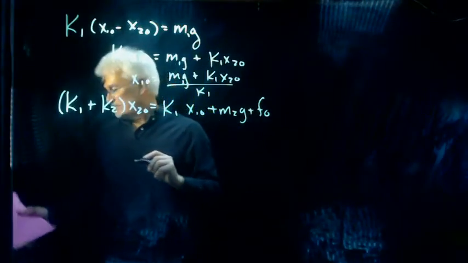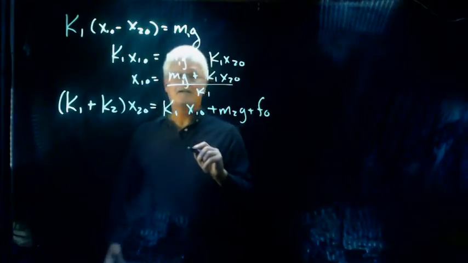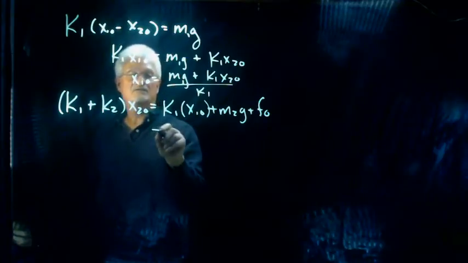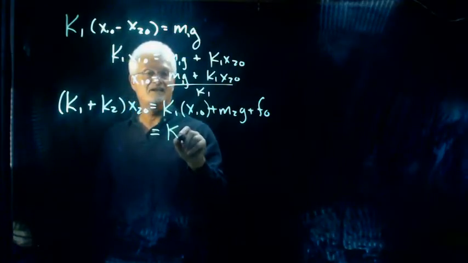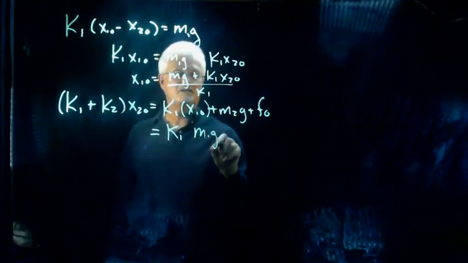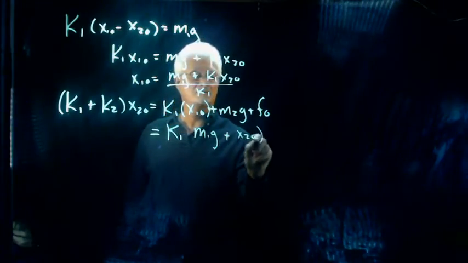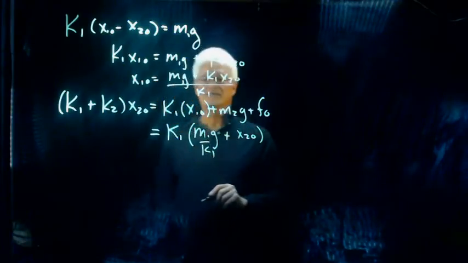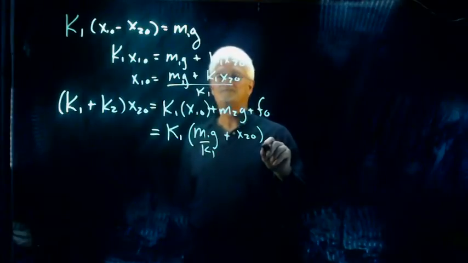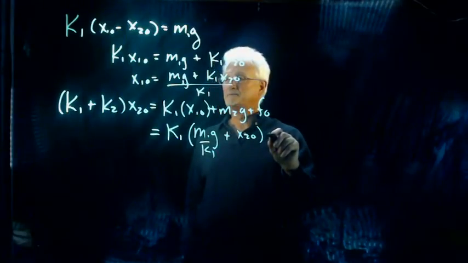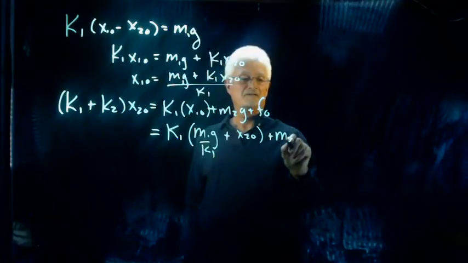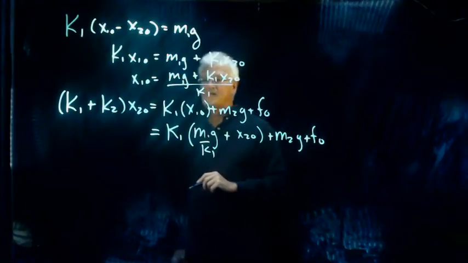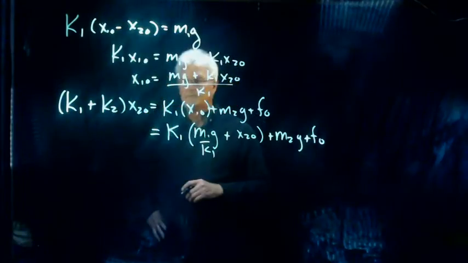So those are the ones that I wanted to do. So let's just see here. I'm going to substitute in for x10 here. This is going to be K1 times m1g over K1, plus x20, plus m2g plus f0. So that's what x20 is equal to.